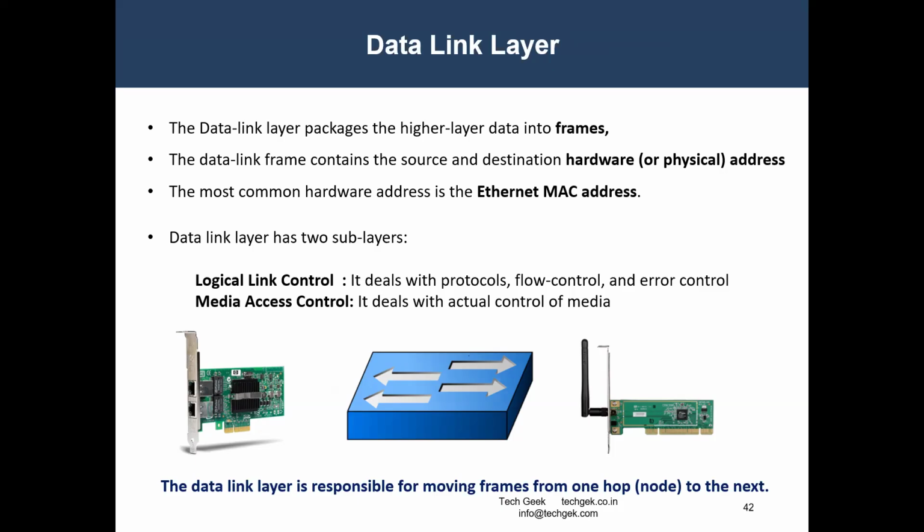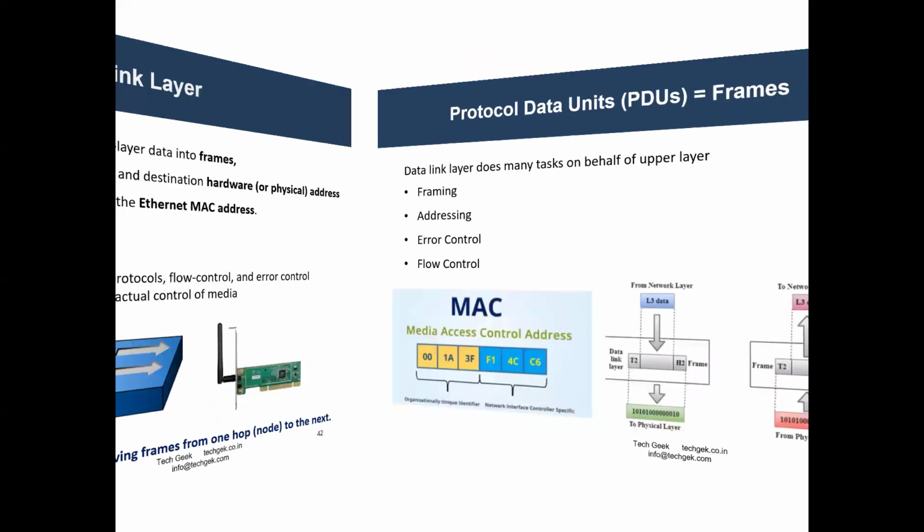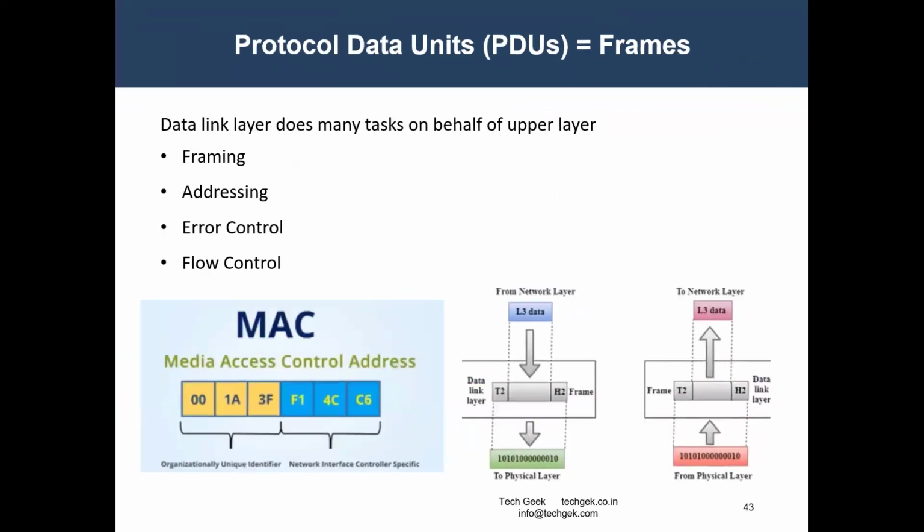The logical link control deals with protocols, flow control, and error control. The media access control deals with the actual control of the media whenever we are sending. So the data link layer is responsible for framing, addressing, error control, and flow control.